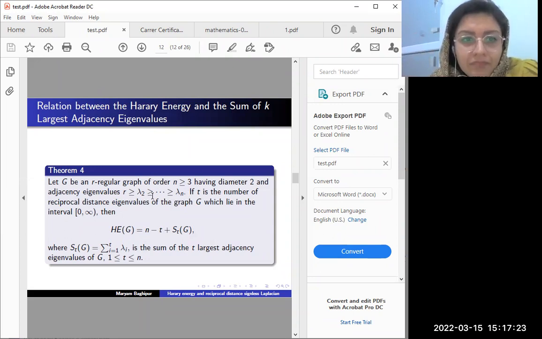In this theorem, t is the number of positive eigenvalues.